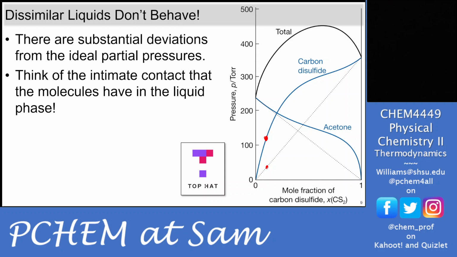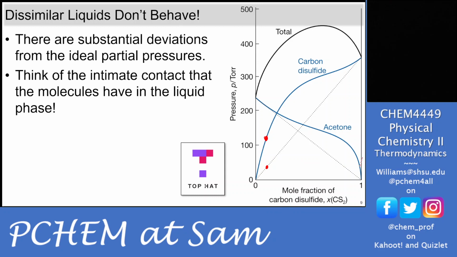So that's strange. I put, say, 10% carbon disulfide in the solution with acetone, and I expect 10% of the vapor pressure of carbon disulfide, but it's more like 30%. So I'm off by 200%. It's got 3 times the vapor pressure I expect. That's crazy. It's because it just hates acetone.